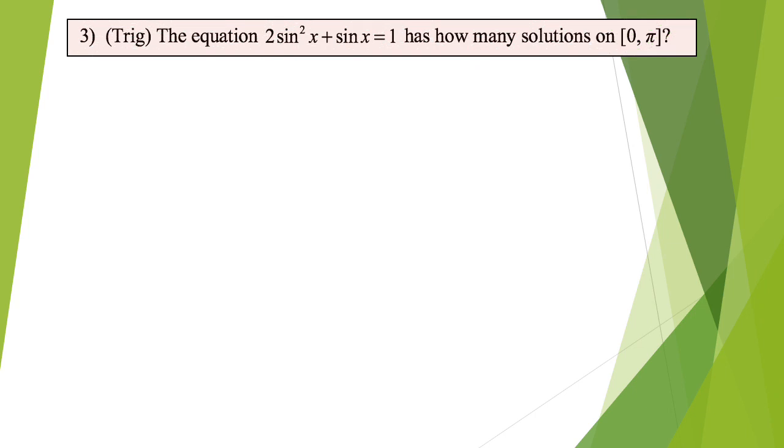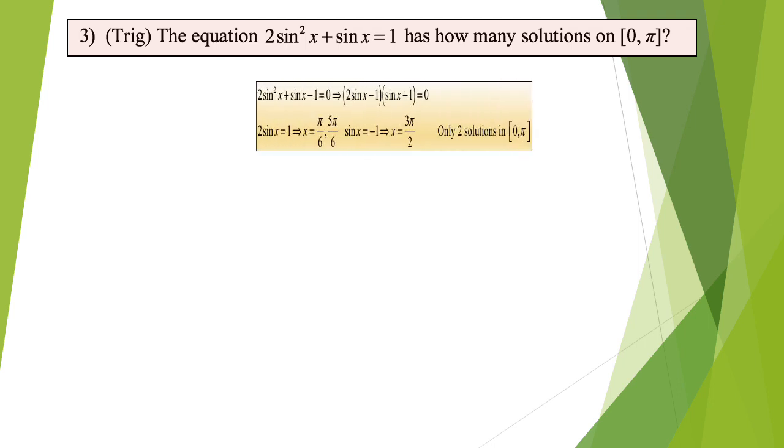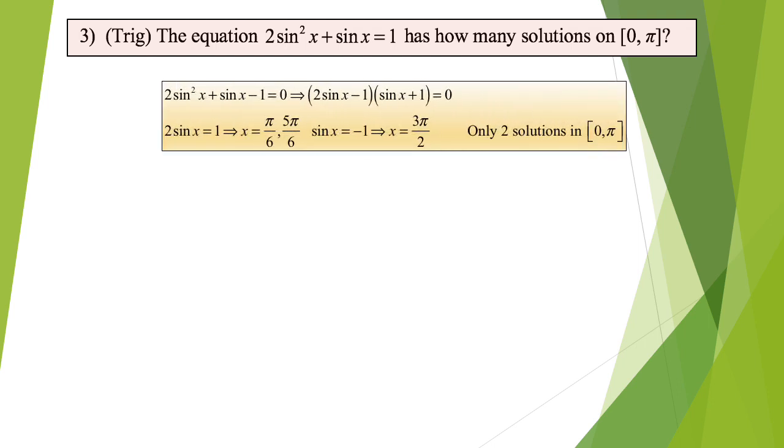Number 3 is a trig problem. The equation 2 sine squared of x plus sine of x is equal to 1 has how many solutions on the interval 0 to pi? To solve, we set the expression equal to 0 and then factor.